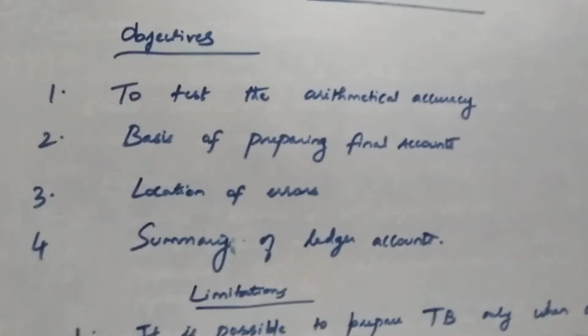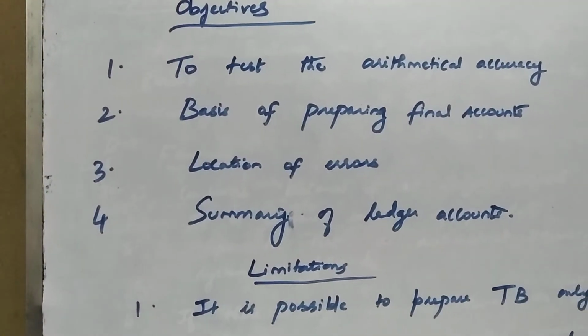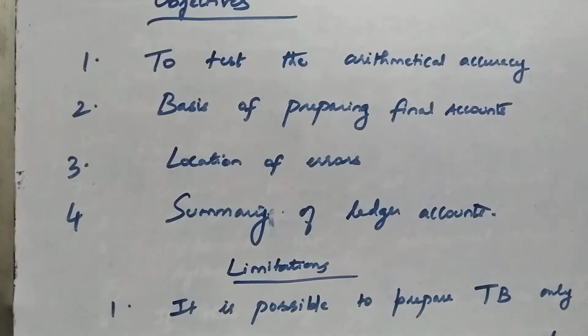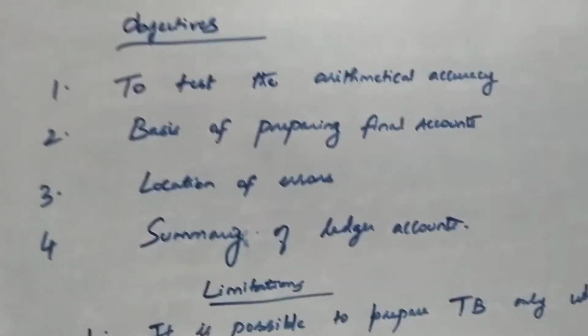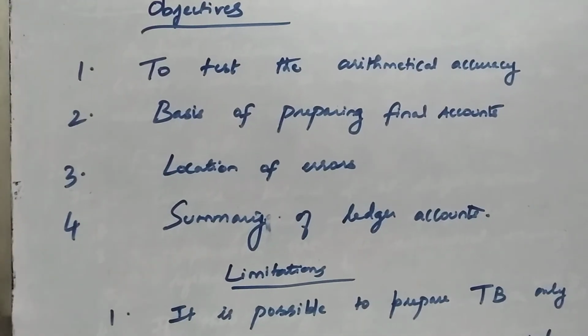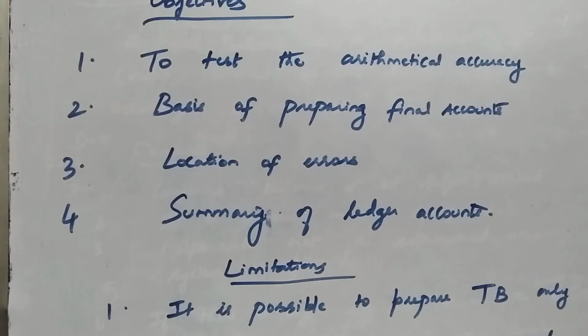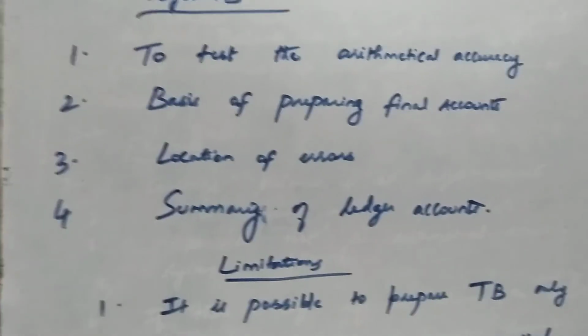Then location of errors. As we discussed, the first point is to test the arithmetical accuracy. So after preparing the statement, the total of debit column should be equal to the total of credit column. If both are equal, then we can say that our accounts are correct.